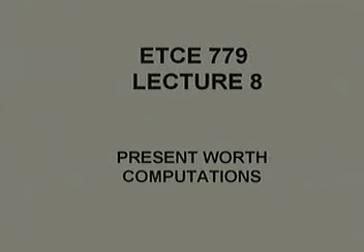I will tell you all those scenarios in which you can compute present worth. There are essentially three types of situations you will be encountering while evaluating two alternatives for a given situation. The alternatives could be of equal lives, that is case number 1.